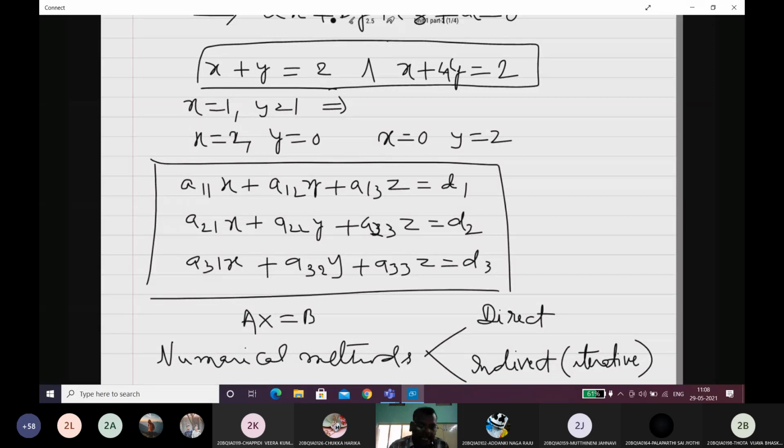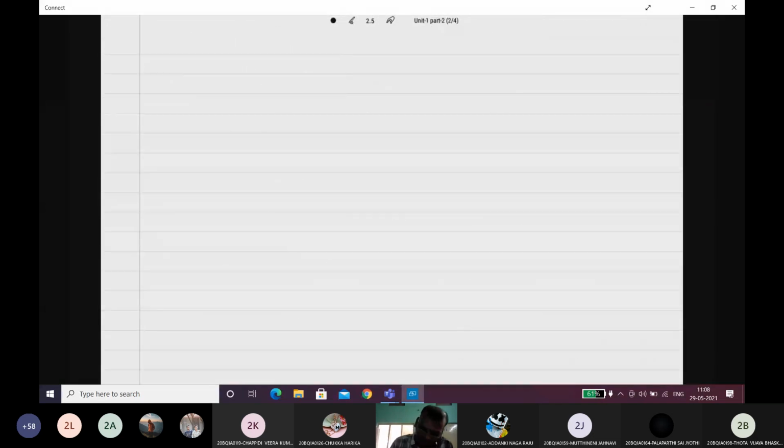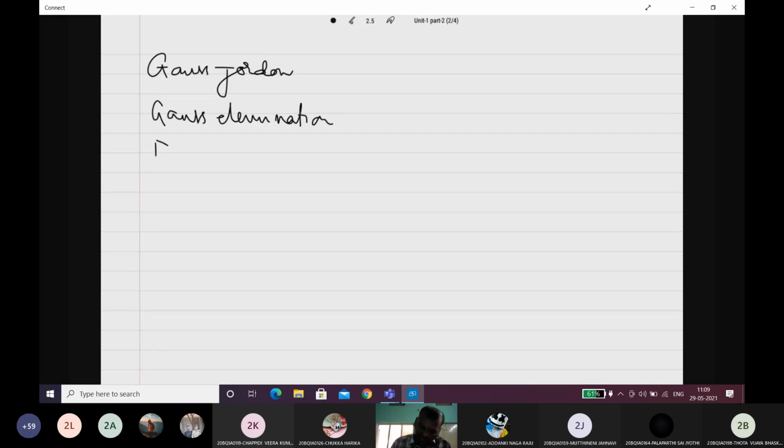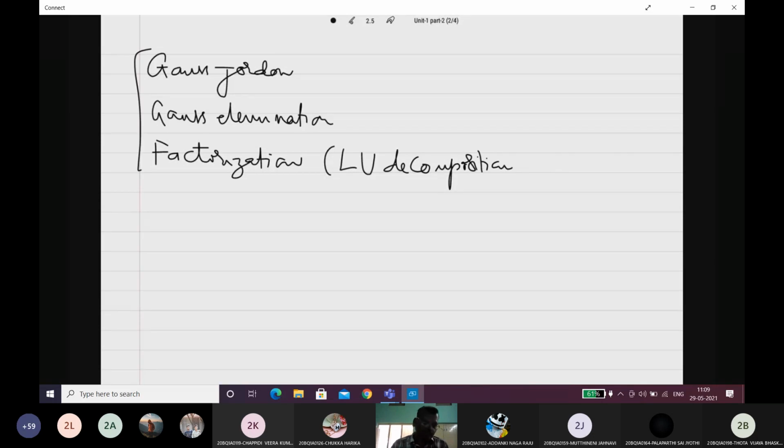These methods use the exact solution of the given system of equations.